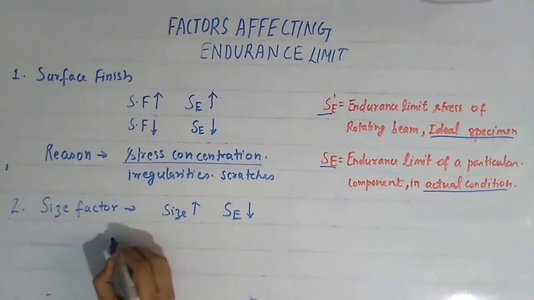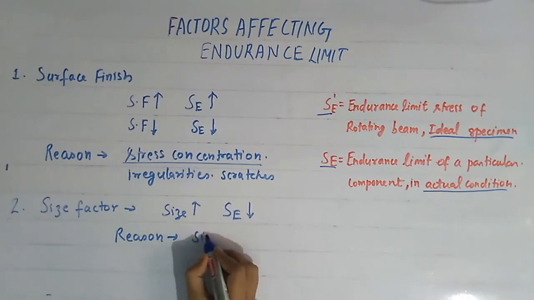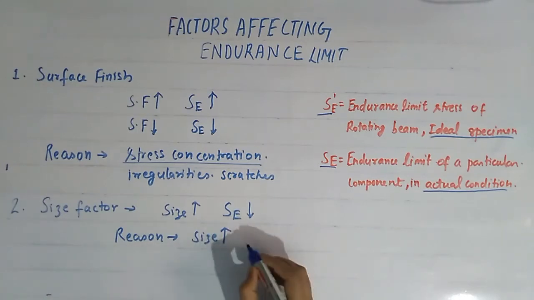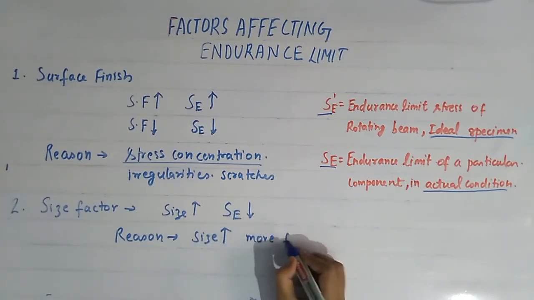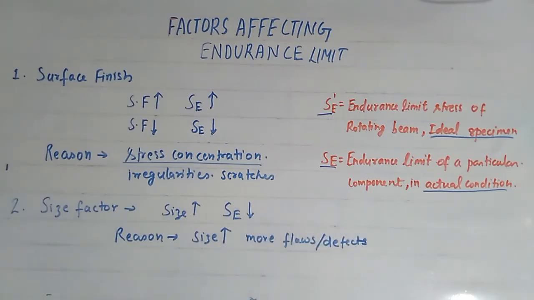Because the greater the size, the more flaws or defects will be there in the specimen. The same specimen having a small size will have a small number of defects, and when the size increases, the number of defects will increase. So this was the reason why size plays an important role in determining the endurance limit of a material.